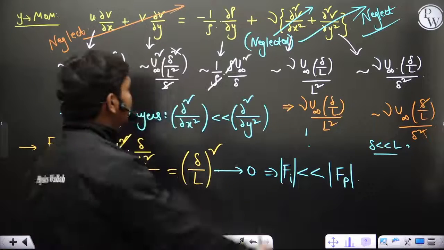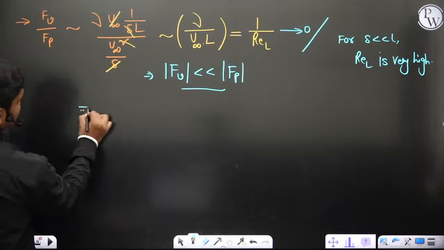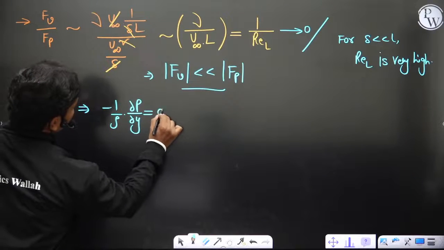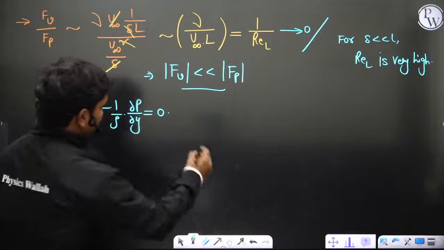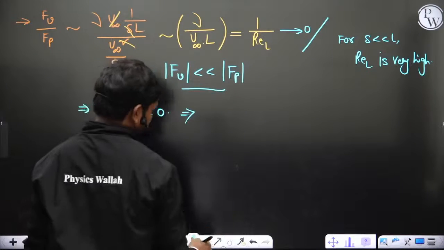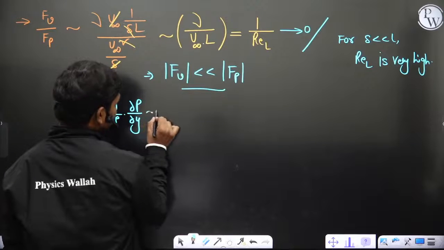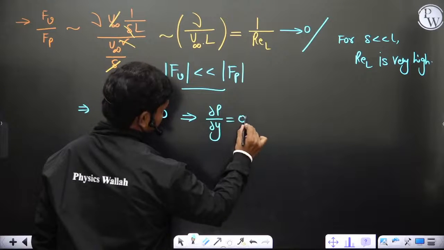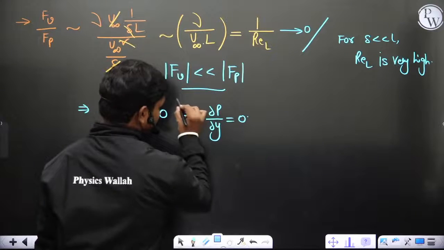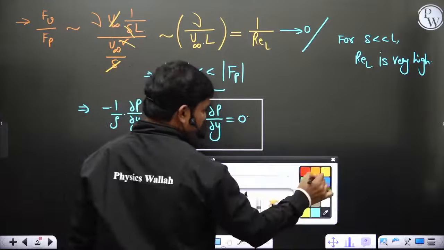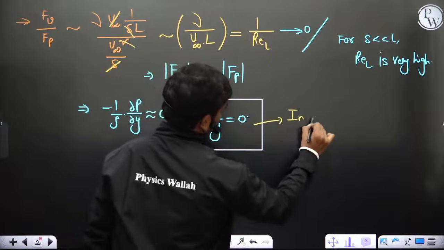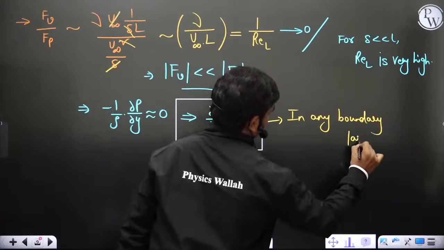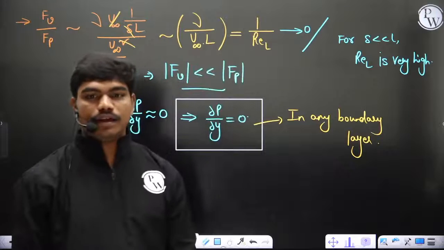Clear? Now, if you see all these equations, one thing that you can understand is minus 1 by rho dou P by dou Y is 0, or you can say approximately, because other terms we have neglected, in any boundary layer.